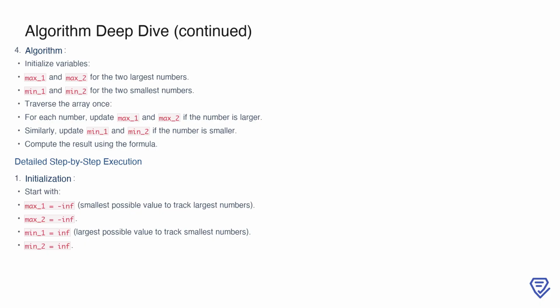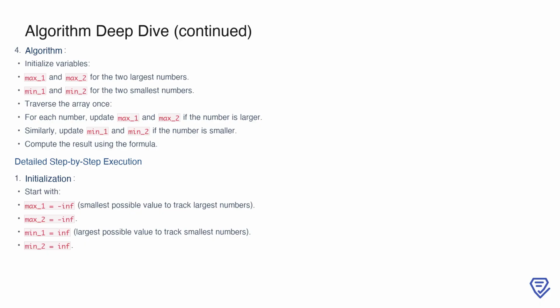We start by initializing 4 variables to track the two largest and two smallest numbers. Specifically, max_1 and max_2 will store the two largest numbers, while min_1 and min_2 will store the two smallest. Initially, max_1 and max_2 are set to -infinity because we're looking for the largest values, and min_1 and min_2 are set to +infinity because we're looking for the smallest values.